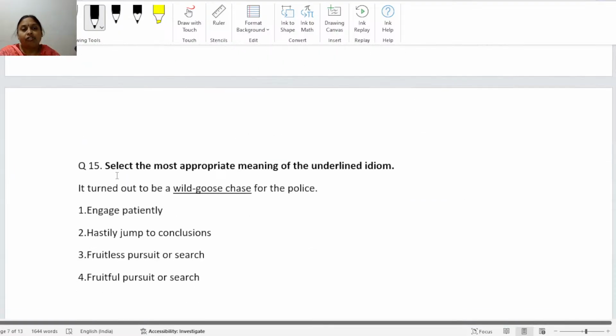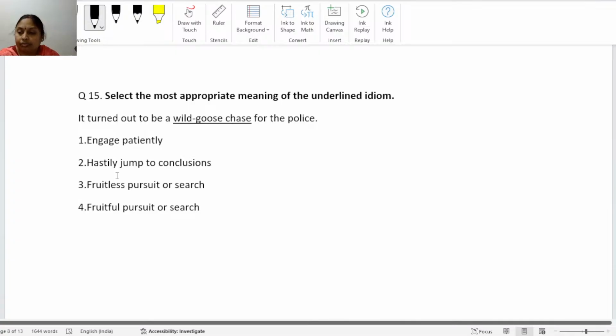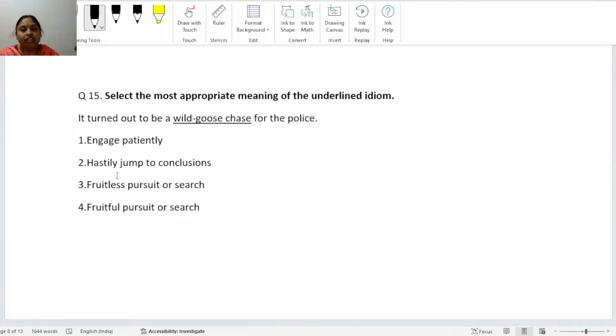So we will go for the 15th question. Select the most appropriate meaning of the underlined idiom. It turned out to be a wild goose chase for the police. So here the meaning is fruitless pursuit or search. This will be the answer.